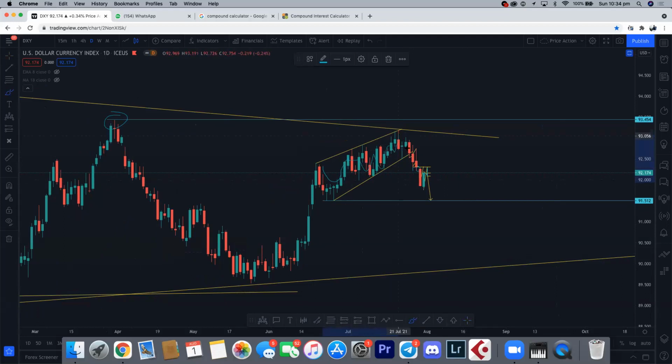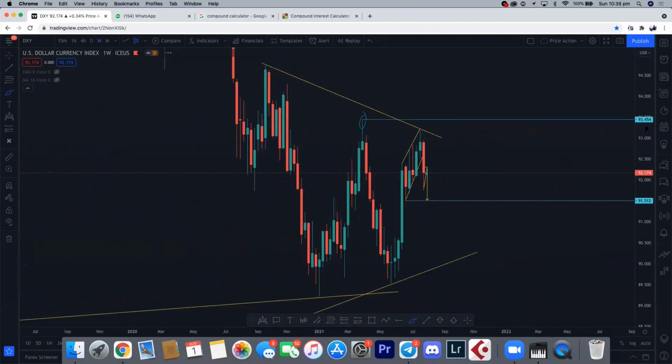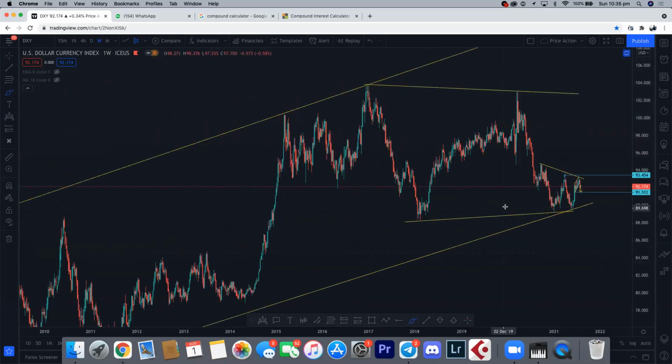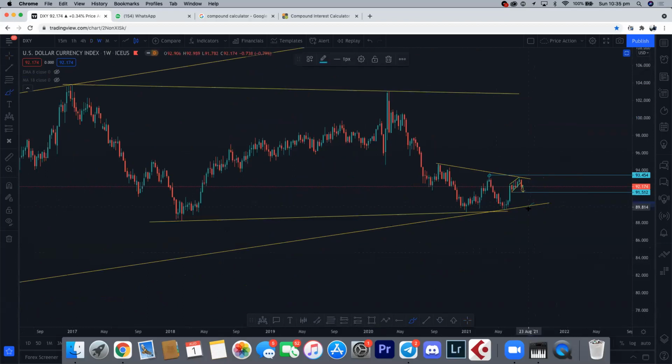It went in a reversal manner. Then it broke down. So I'm expecting price to come back down here. But the overall view of the DXY, it can either come here to give us another touch and go up, or it can break. When it breaks, we wait for a continuation pattern.